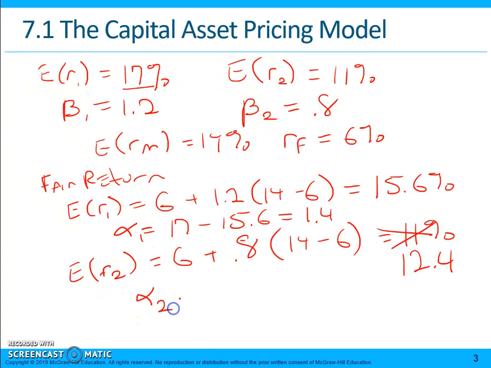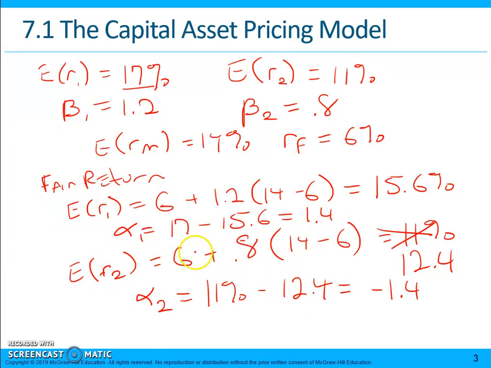Alpha 2 is going to be our expected return of 11% minus the fair return of 12.4. So a negative 1.4. The fact that they're both 1.4, positive and negative, is just coincidence.